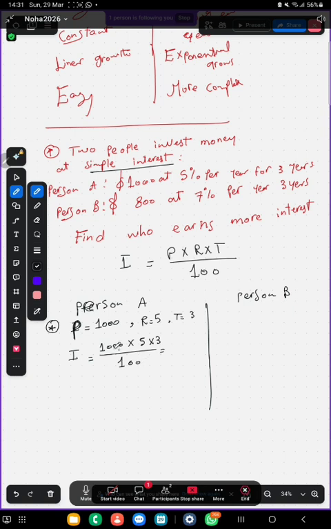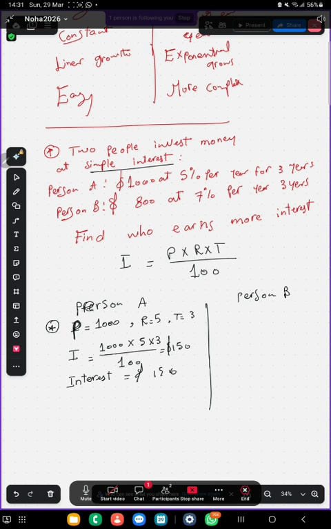If you cancel the two zeros with two zeros, 15 times 10 gives you 150. So $150 is my interest. I like to write in details. I all the time tell my students I want your paper to talk as if you are sitting next to your teacher while he is correcting your paper.